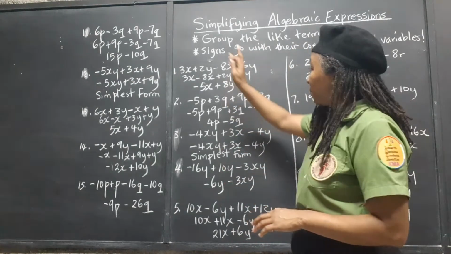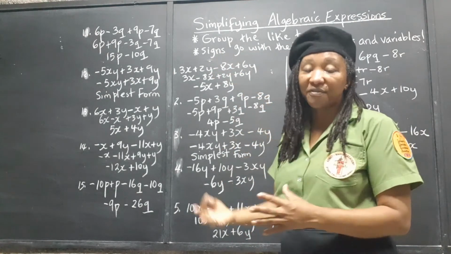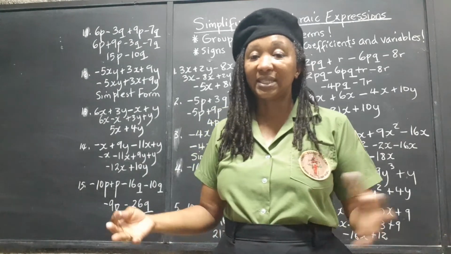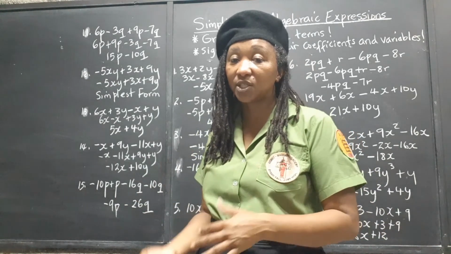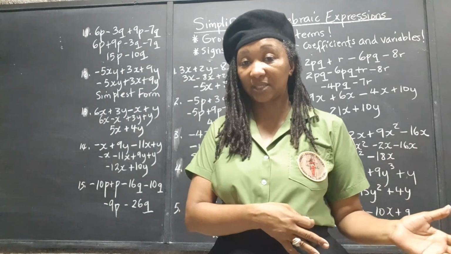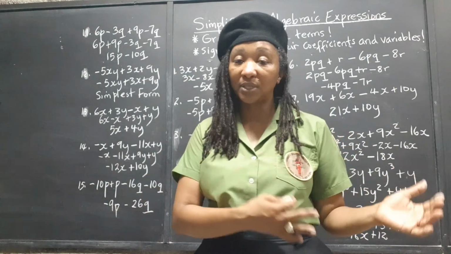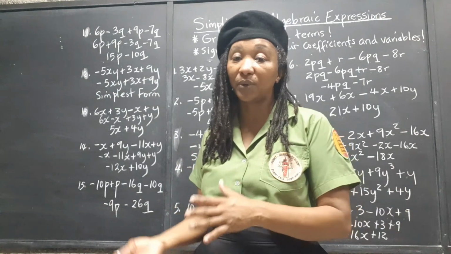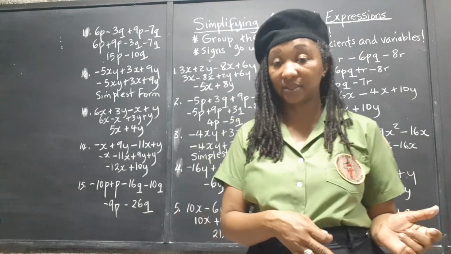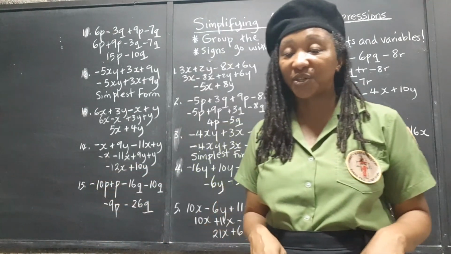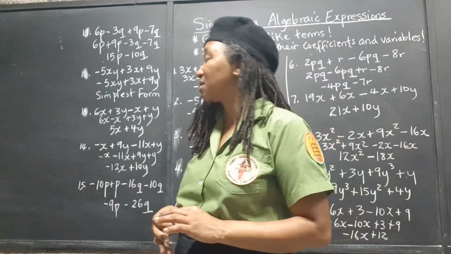So we always must make sure that when we're moving a term to put it with another term, the sign that's in front of it goes along with it. So if it's a positive number, we take that plus sign with it. If it's a negative number, we take that minus sign with it. If you don't do that, you're going to end up in trouble.